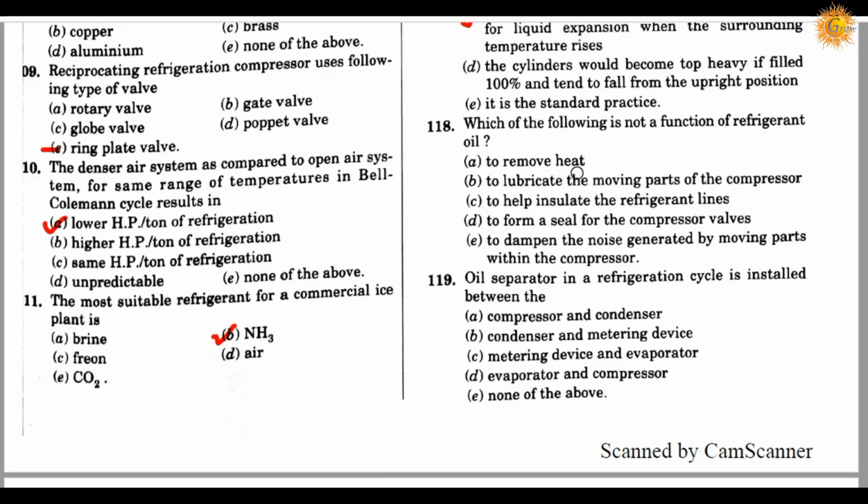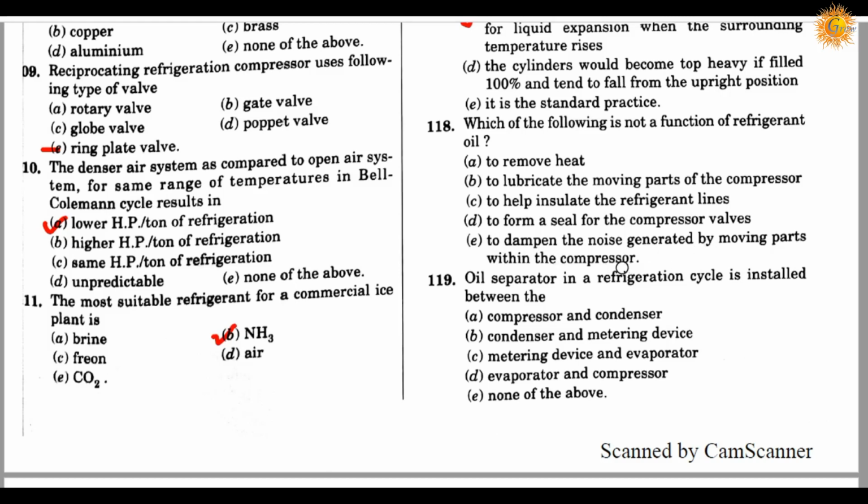Option A, to remove heat; option B, to lubricate the moving parts of the compressor; option C, to help insulate the refrigerant lines; option D, to form a seal for the compressor valves; option E, to dampen the noise generated by moving parts within the compressor.